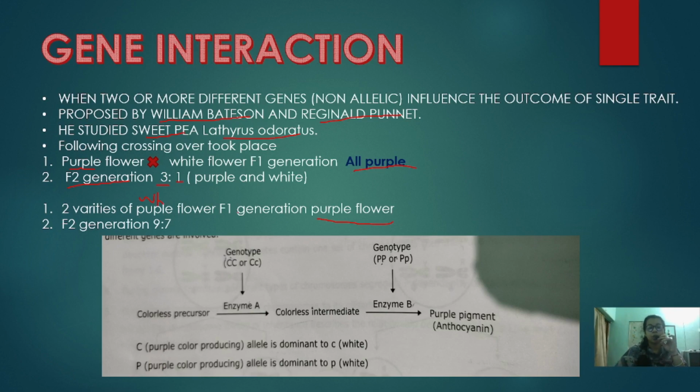In the F1 generation all the flowers were purple, and in the F2 generation he saw a 9:7 ratio.